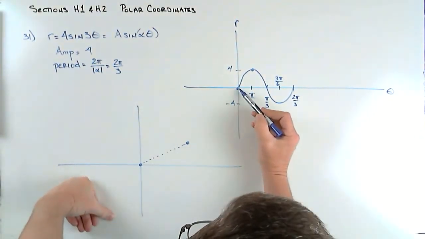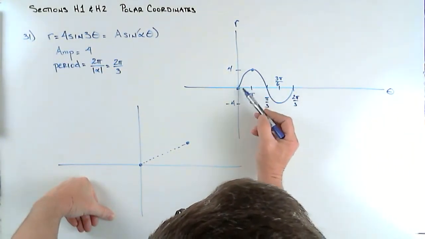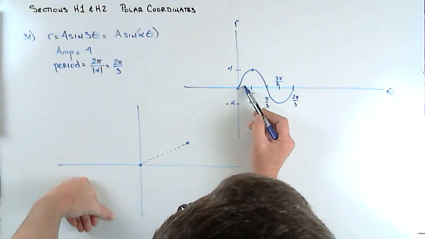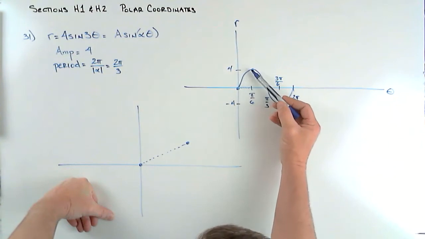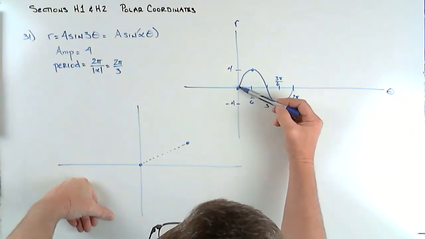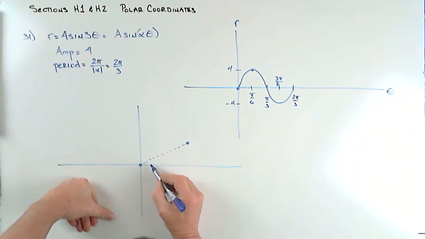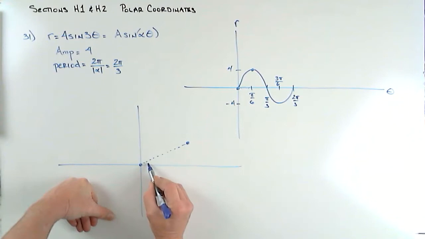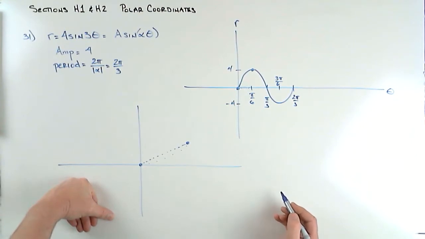My angle starts at 0, and goes to π over 6, so I'm going to touch all the angles from 0 to π over 6. While we're doing that, our radius grows from 0 to 4. I'm not going to draw every angle, but at each angle my radius gets bigger and bigger as I move through.